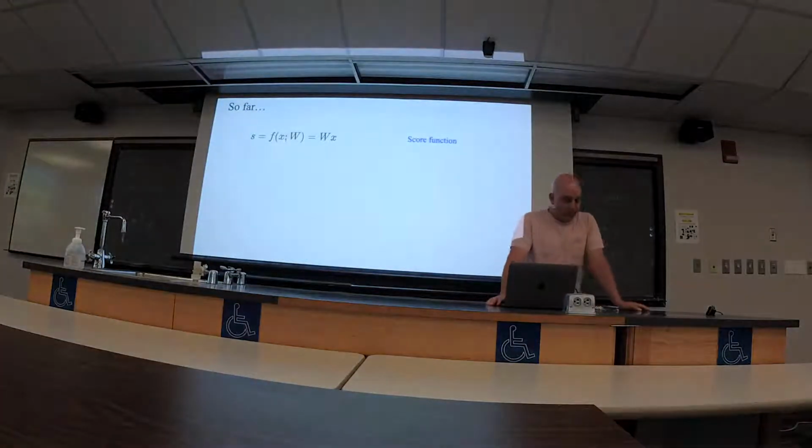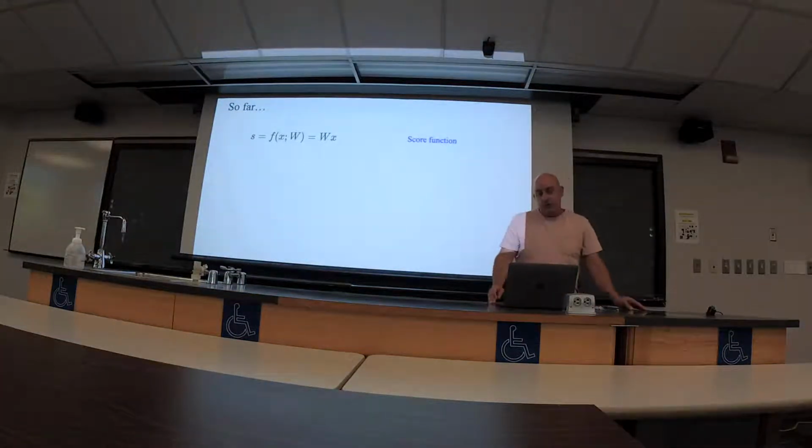So, where have we been so far? Well, we've been talking about classification and how you would set things up if you wanted to take a parameterized model and score its ability to do your classification task.